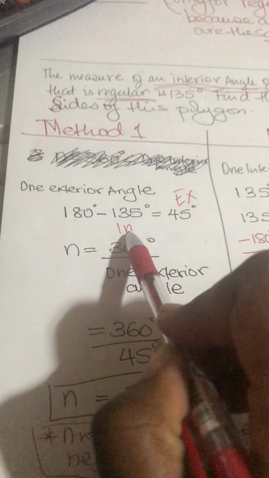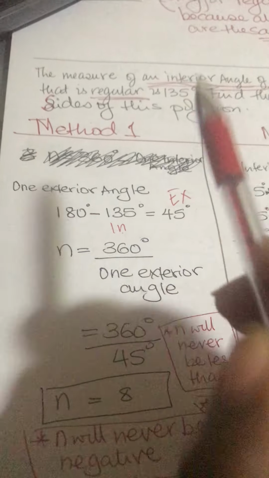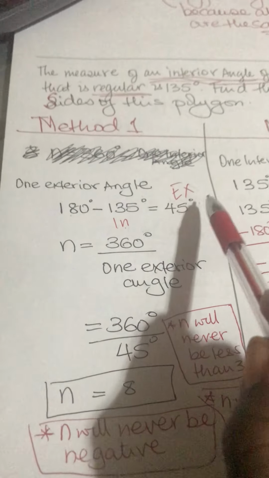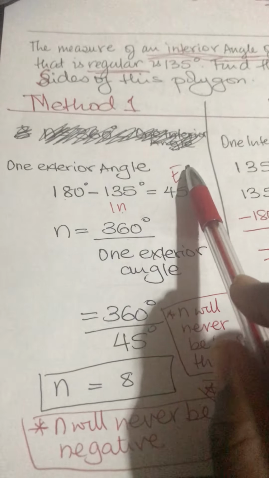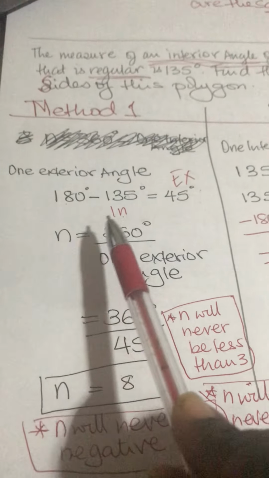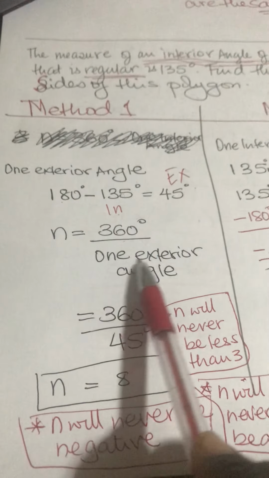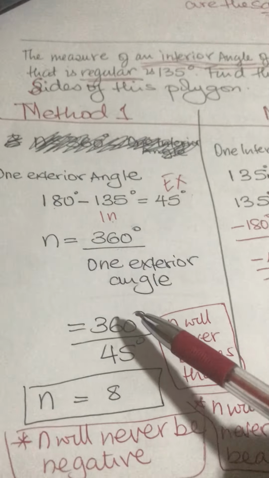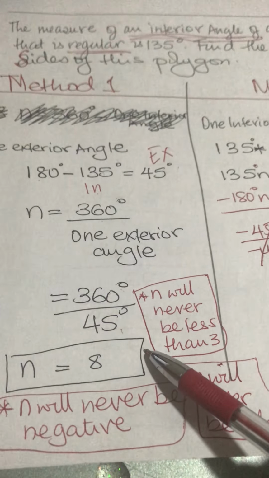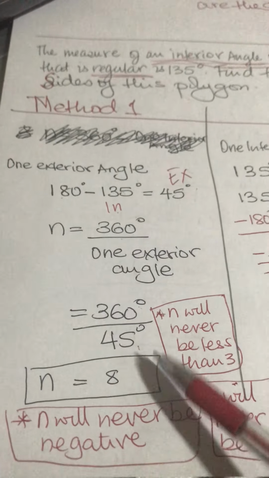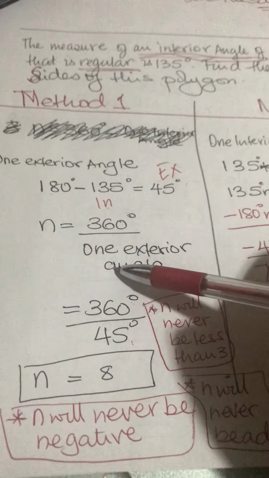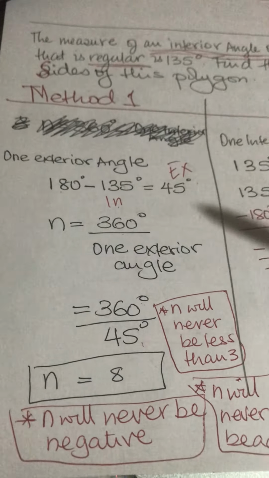So 180 minus the interior will give me the exterior. So 180 minus 135 is 45. After you get the exterior angle, you divide 360 by it. So n is 360 divided by 1 exterior angle. So 360 divided by 45 gave us 8. Okay? Very easy. You subtract from 180, the answer you get, you divide 360 by it, you get your n.